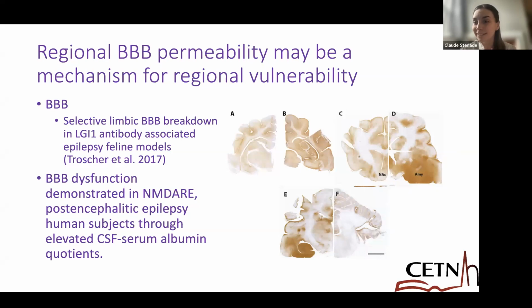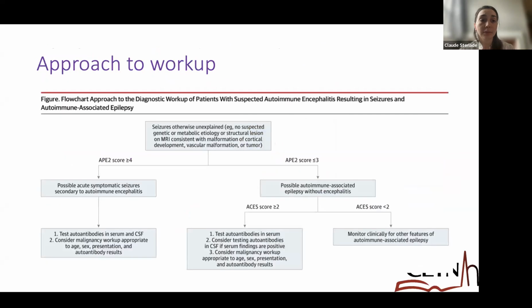So cats spontaneously get LGI1 encephalitis, which I find interesting. And you can see that there's greater diffusion of albumin, indicating blood-brain barrier dysfunction in the amygdala in these cats. And blood-brain barrier dysfunction has been shown in other forms of encephalitis and in postencephalitic epilepsy as well.